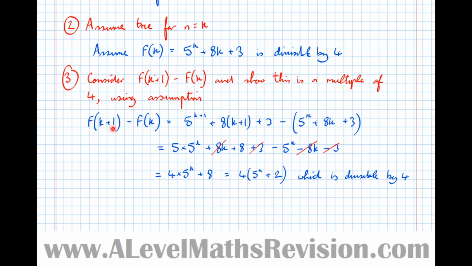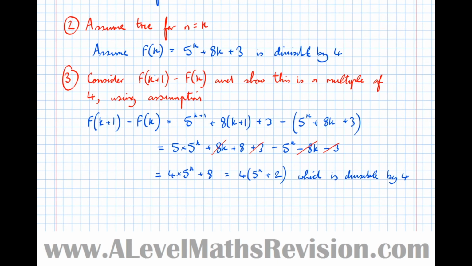Then the difference between them, if we can prove that's divisible by 4, then this must be divisible by 4 as well. F of k plus 1 must also be divisible by 4 if the difference between f of k plus 1 and f of k is also divisible by 4. So again, I must stress, we don't know whether this statement's true yet, we're just assuming it is. But if it is, then this must be divisible by 4 as well.